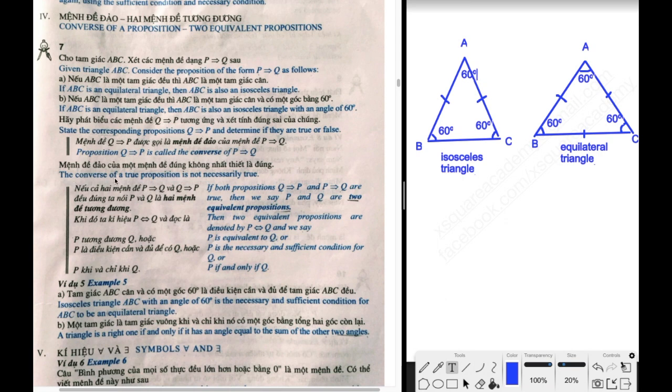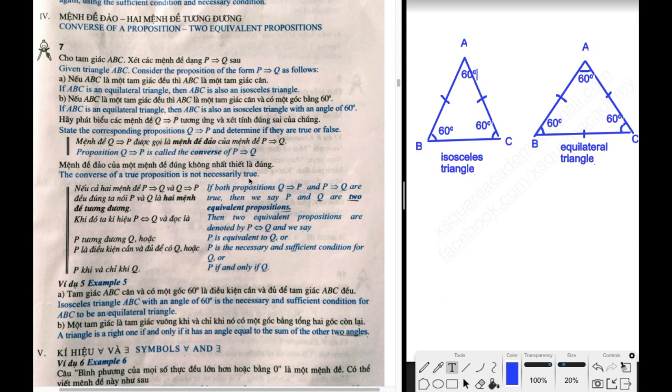The converse of a true proposition is not necessarily true. It's quite interesting, right? I will give you some examples to make it clearer. You can find a lot of examples in life.